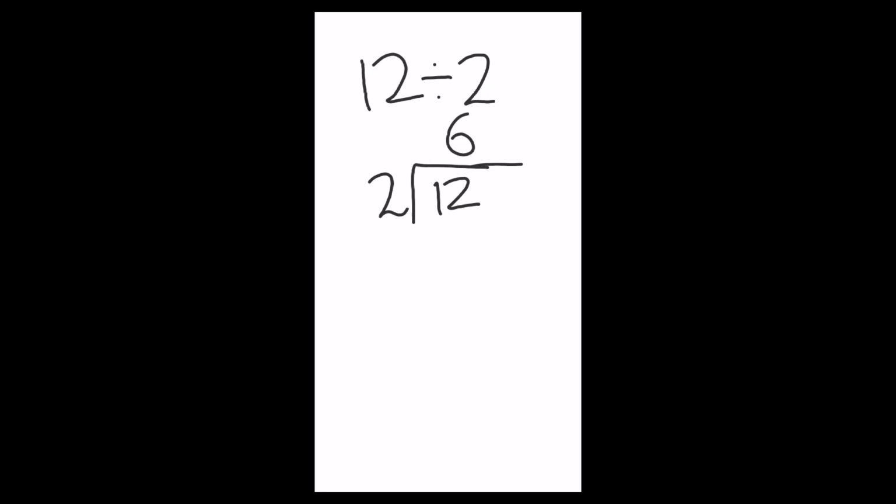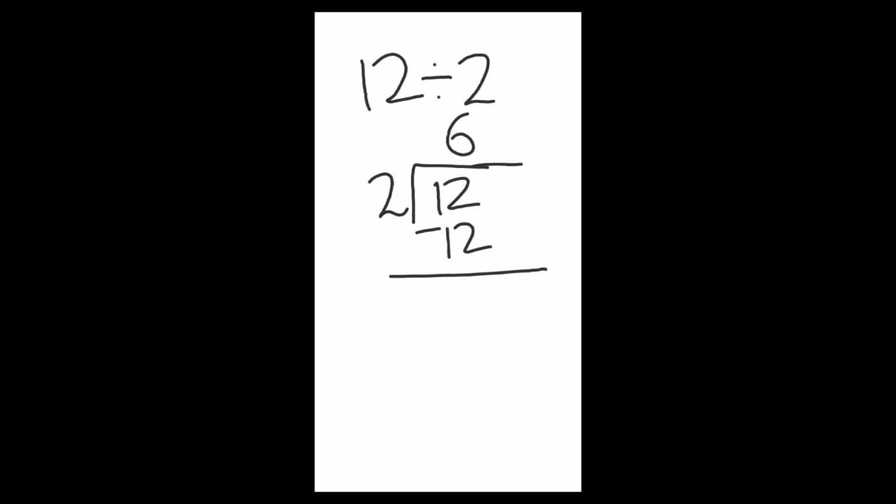So 2 sixes are what? 2 sixes are 12. So we will write another 12 down below the 12 and then subtract it. Are you getting me? Yes.